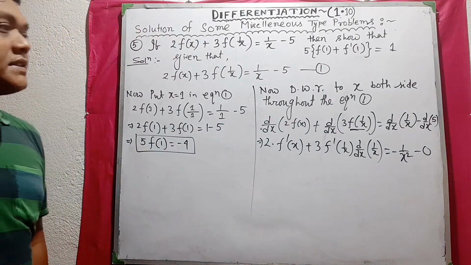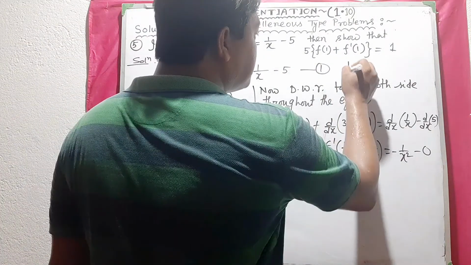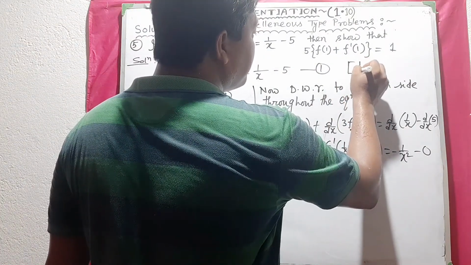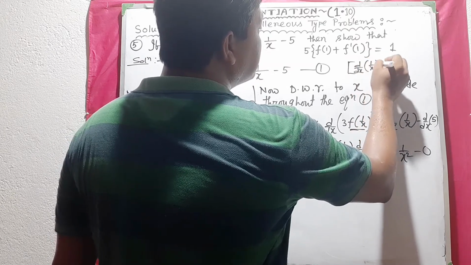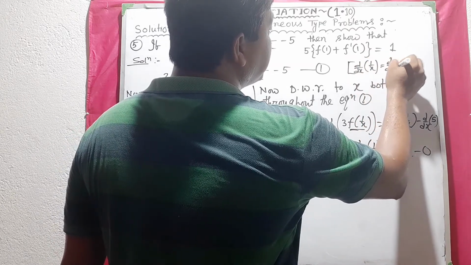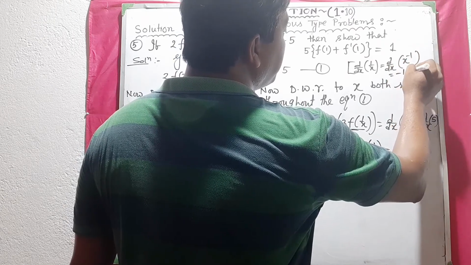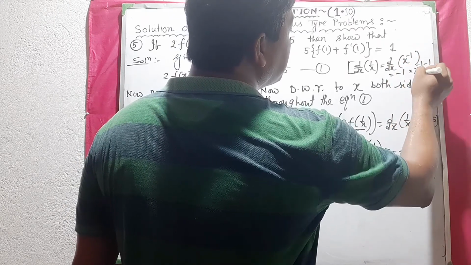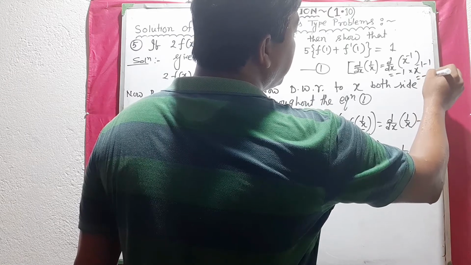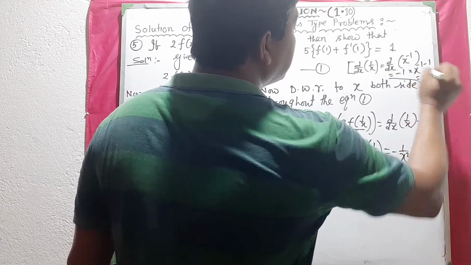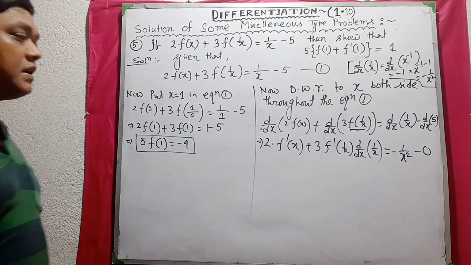Because the derivative of 1/x, I am simplifying here: d/dx of x to the power minus 1 gives minus 1 into x to the power minus 1 minus 1, that is minus 1 by x square. Okay, so that's why I have written.